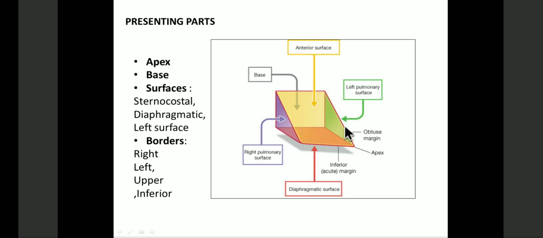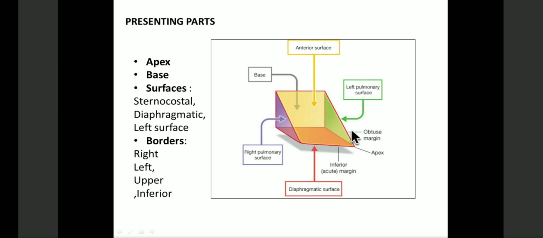a left border, an upper border, which is obscured because of the presence of the aorta and the pulmonary trunk, and an inferior border. So just imagine the heart as a conical structure like this, with a base lying posteriorly, a diaphragmatic surface lying towards the diaphragm, and the apex towards the left.